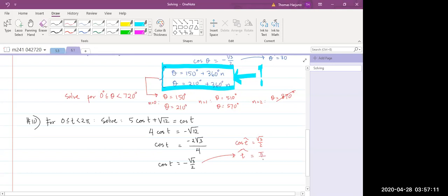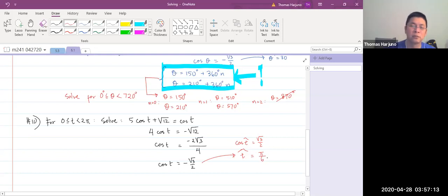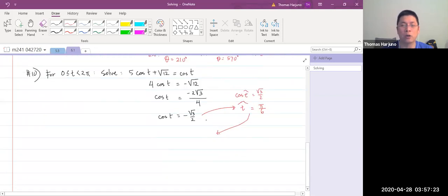Pi over 6, 30 degrees, right? Cosine 30 degrees is radical 3 over 2, but I need to write it in radian right now. Now, we go back. Cosine is negative in quadrant 2 and quadrant 3. Cosine t is negative when t is in quadrant 2 and quadrant 3.